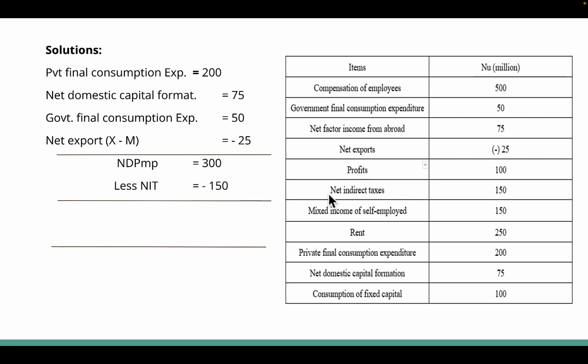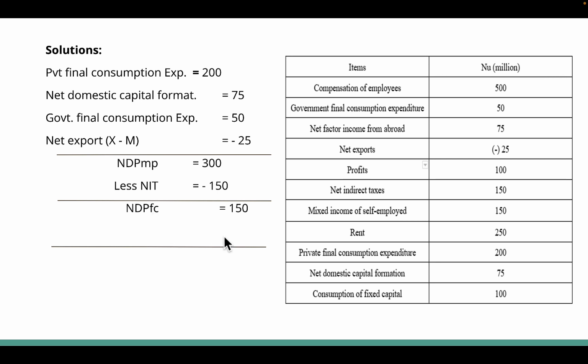Sometimes they won't give you the net indirect taxes, rather they will give you the indirect tax and subsidies. There you will have to deduct subsidies from indirect taxes. When we deduct the net indirect taxes from the market price, we get the net domestic product at factor cost. So this is our domestic income.